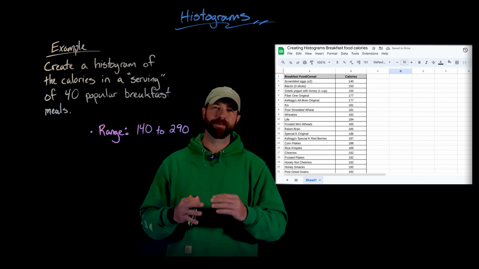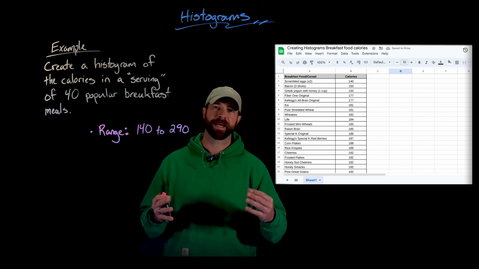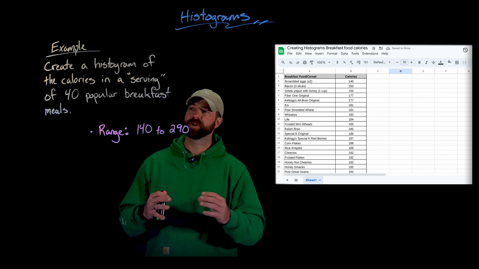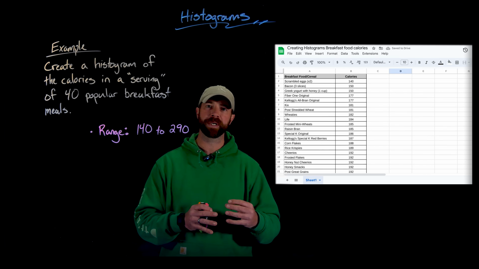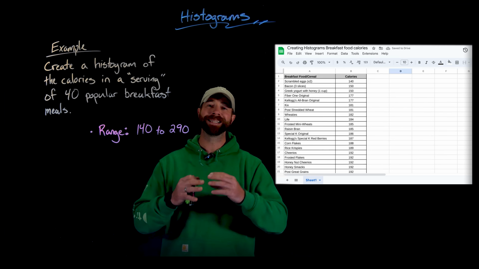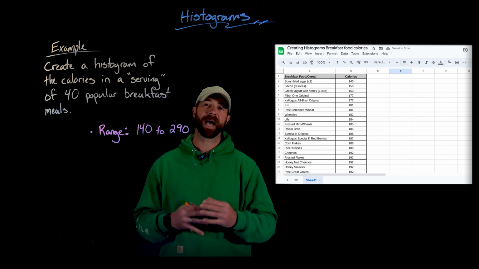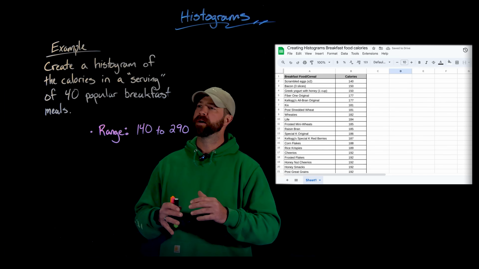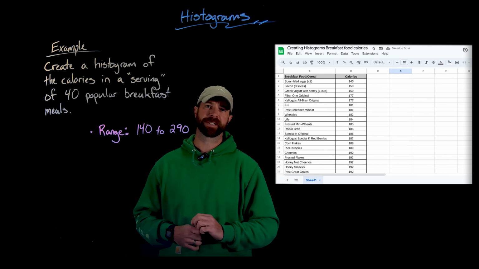Less than 5 will not give us much information, and more than 20 clutters the information too much. Because what we're going to do with these 40 breakfast foods is put them in different categories, in the same way we had with qualitative data. We're creating these categories with this quantitative data so we can get a really accurate visual representation of the spread of data, or the location and skewness of this data.